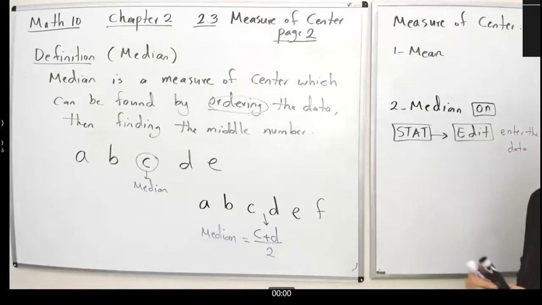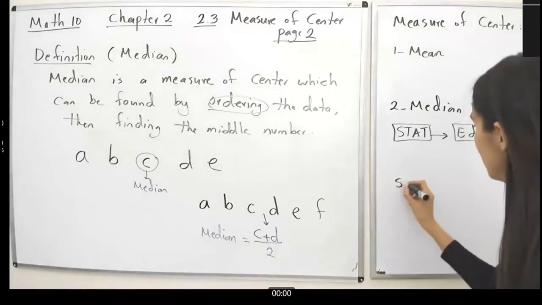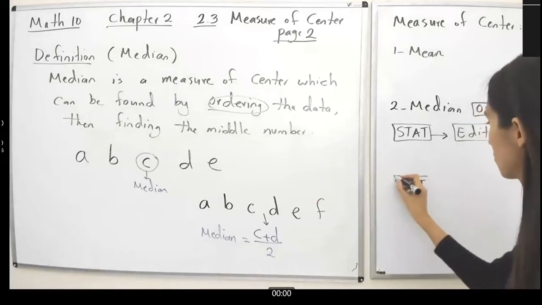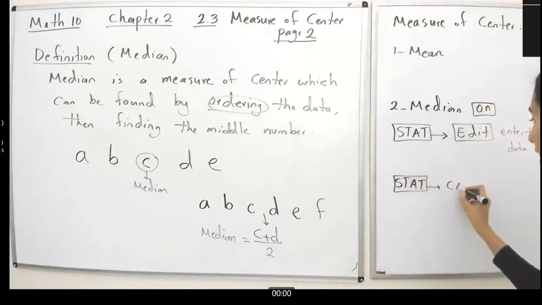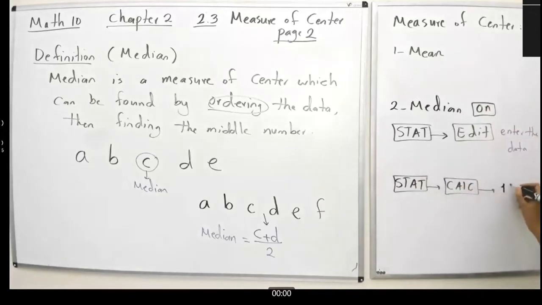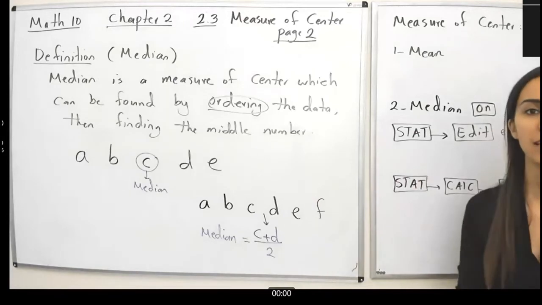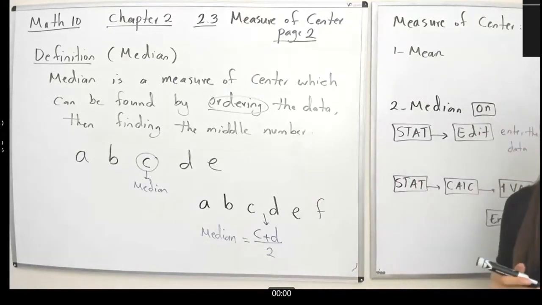Then get back to Stat, go to Calc, one variable, one var, and enter. On the second page of your calculator, you see the median.